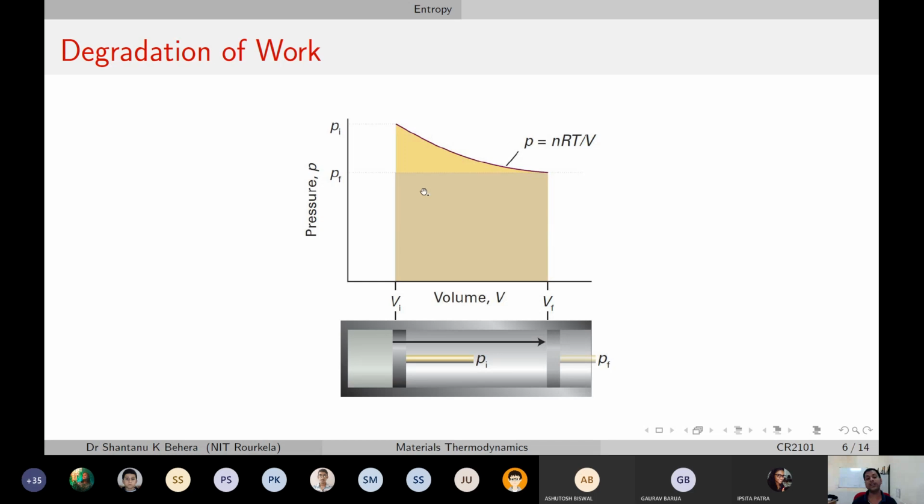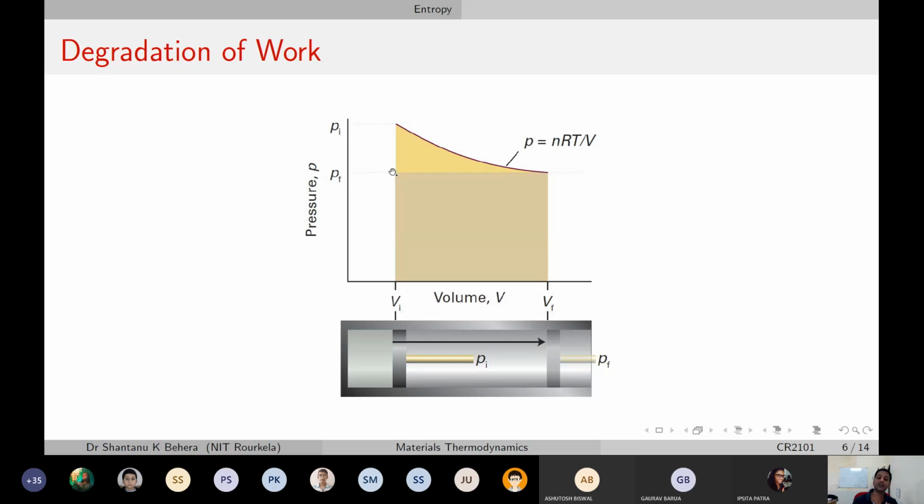Any other process will give a slightly smaller amount of work. The most common way is where you suddenly drop from PI to PF, and then VI to VF.